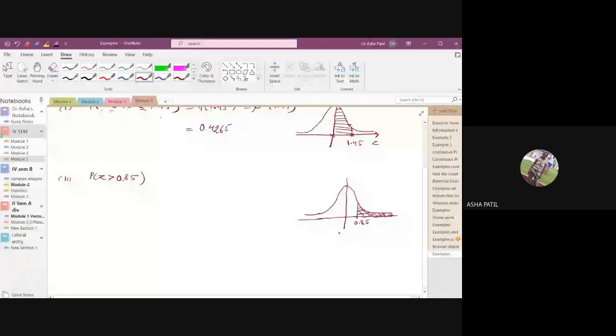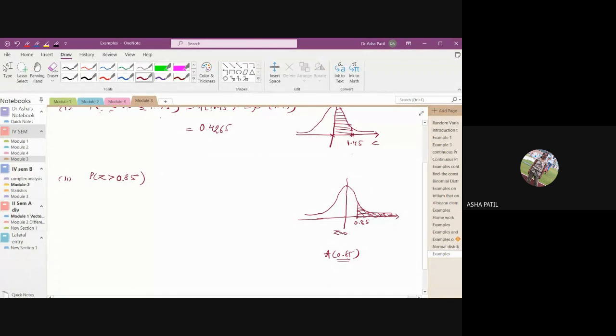What can you do to get this area now? We want the area not from 0 to 0.85, but from 0.85 up to infinity. That is greater than 0.85. Now, if you look for A of 0.85, that is the table value. If you go for 0.85, it will give you the area from 0 to 0.85.